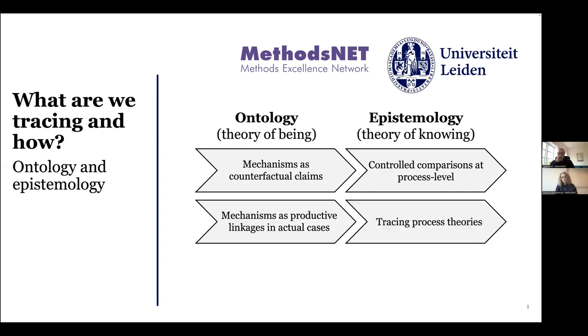Another way to think of processes or mechanisms is as productive linkages in actual cases. So here, and this is something I'm going to work out in a second still, the idea of causal productivity becomes important. We have a mechanism where causal productivity moves from a certain set of starting conditions and a trigger through a chain of activities to a particular outcome.